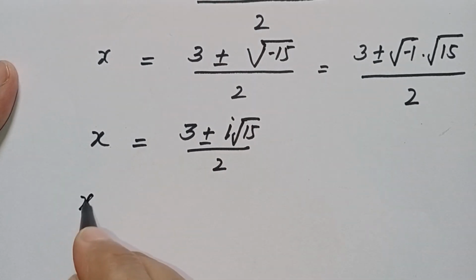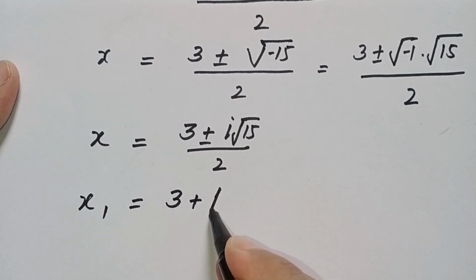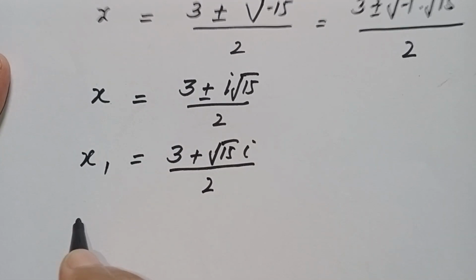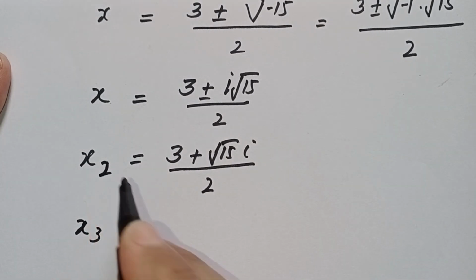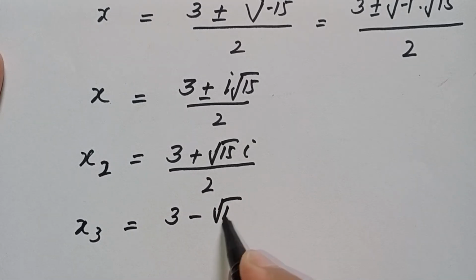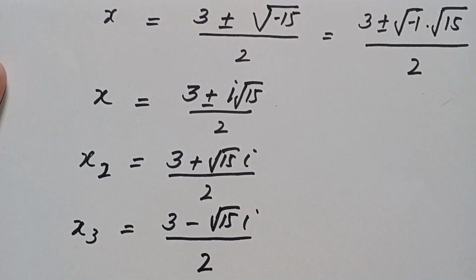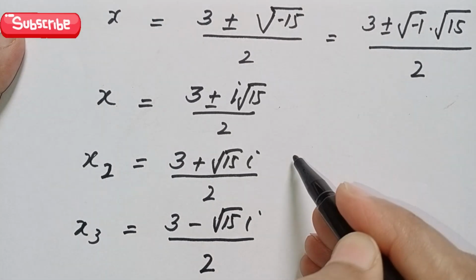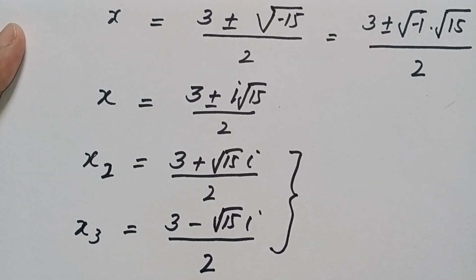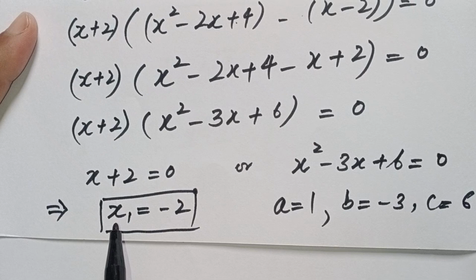So from here we have x2 is equal to 3 plus square root 15 times i over 2, and x3 is equal to 3 minus square root 15 times i over 2. These x2 and x3 are the complex values, because we have i here. This is the complex solution, and x1 is the real value.